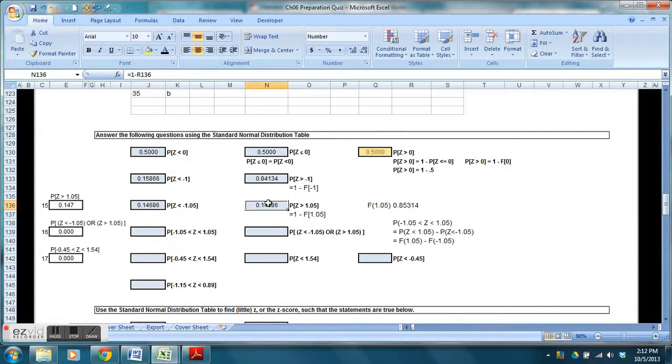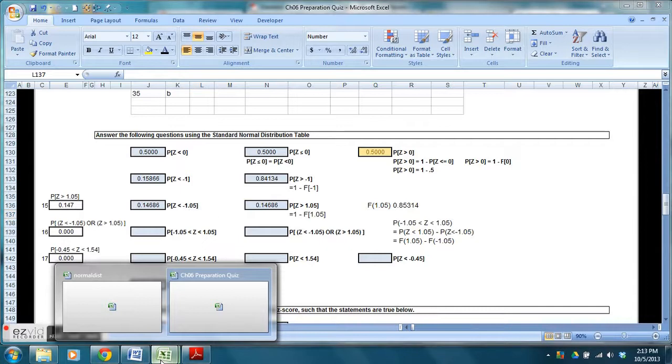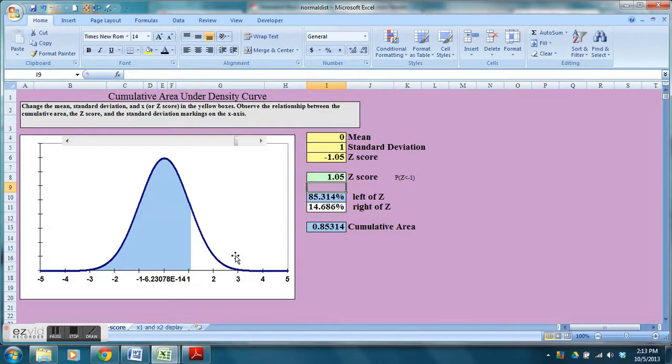Why? Well, let's look at the graph. The second probability, we're interested in this tail. The first probability, we are interested in this tail. This is symmetrical about the mean. So I will switch to this tab to show you.